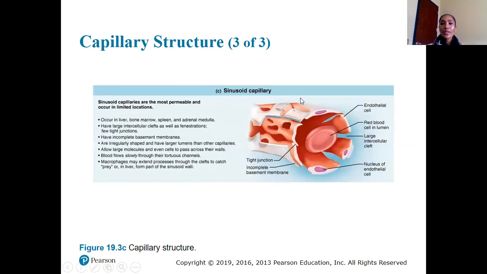It doesn't totally enclose the capillary. And we've got some fenestrations associated with the capillary. Look at the lumen. It's much larger than the lumen that we have seen in the other two types of capillaries, and they have fewer tight junctions as well. So they've got some tight junctions, but just not as many.